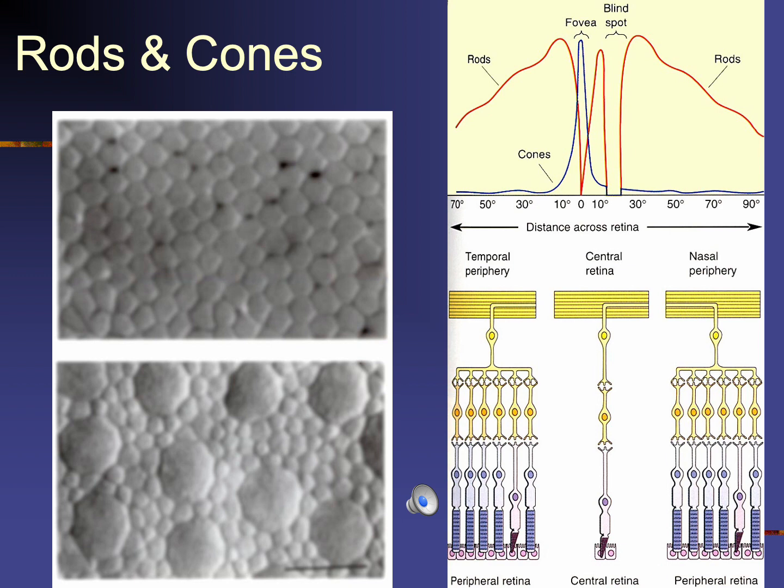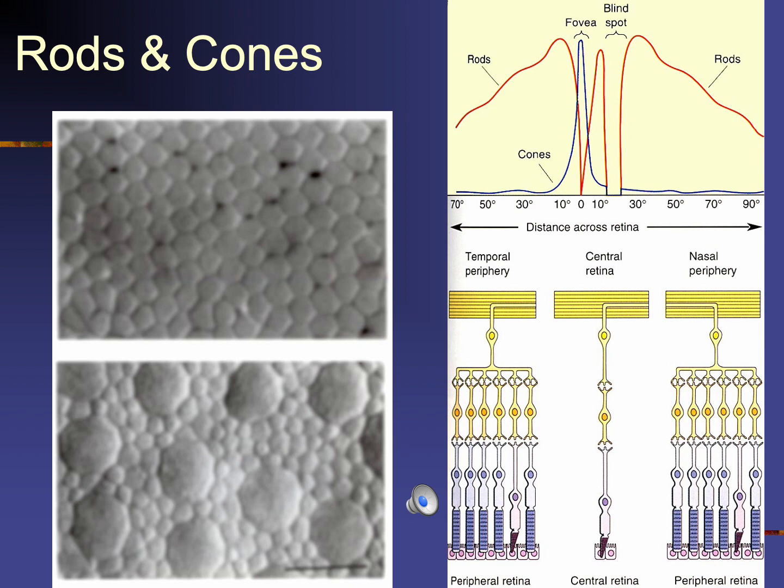The image down below is showing a picture of the retina more toward the fovea, where you've got cones, and the cones are the larger receptors that you see there, those big blobs, next to those small little ones. Since there are cones here, this must be close to the fovea.